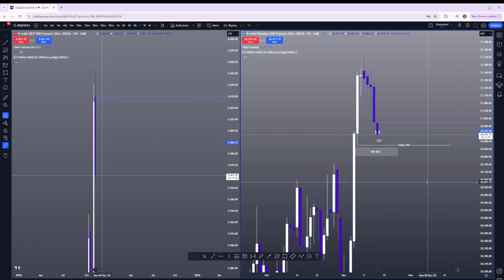Do we have a fair value gap below? Do we have a fair value gap above? What is our market structure looking like on the higher time frames? Where is our draw on liquidity? Is it bearish? Is it bullish? So I'm doing that first on the weekly, the daily, the 4 hour, the 1 hour. And then that way, when I drop down to the 15 and the 5 minute and the 1 minute, I can frame my trades based around my higher time frame bias, right? Whether that's a bullish or a bearish bias.